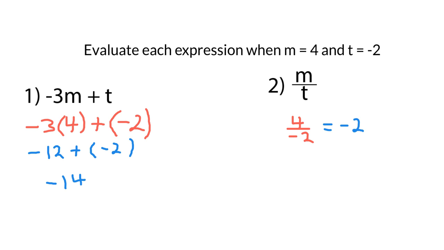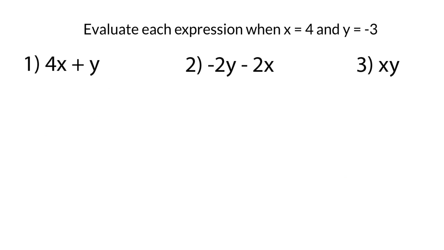Let's try one more. Third one. In this particular case, I have m next to a t, which, if you recall from the very beginning of the tutorial, means multiply. I'm going to replace the m with 4 in brackets, and I'm going to replace the t with -2 in brackets. 4 times -2 makes -8.